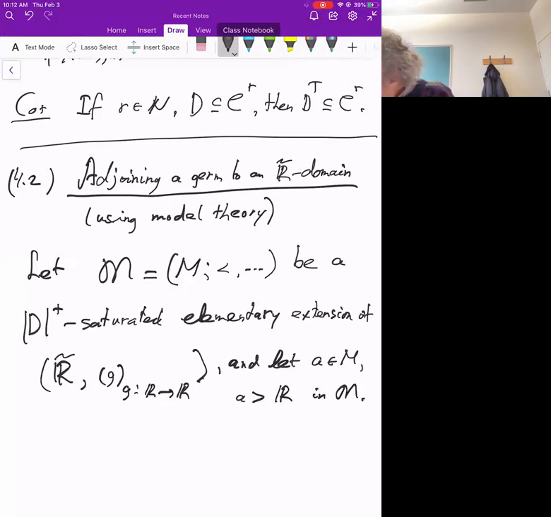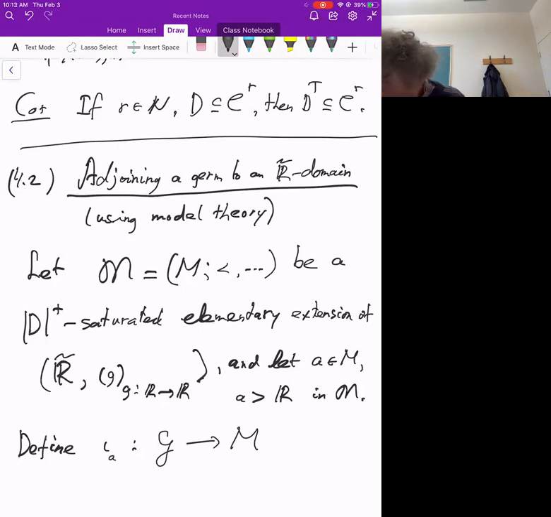And now we can define a map iota_a from the set of germs into M, the underlying set of M. For the moment, it's just a set theoretic map.